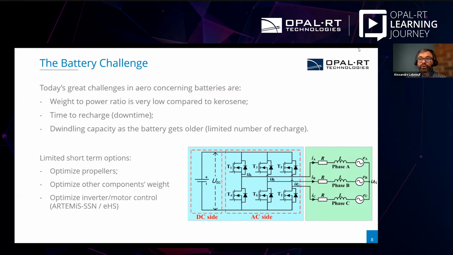OPAL-RT has two solver approaches, Artemis SSN, which is CPU based, and EHS, which is FPGA based. Basically, it is to replicate the DC bus, the AC side with the inverter, and finally the motor application that you have.